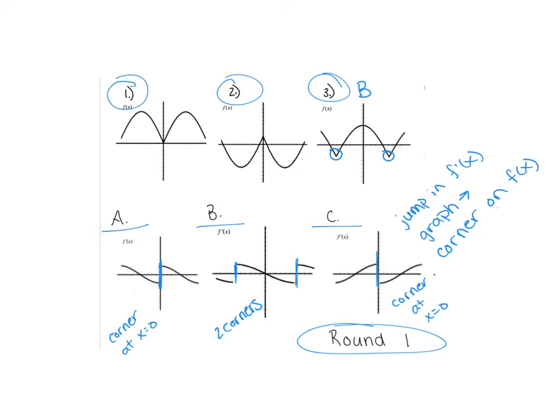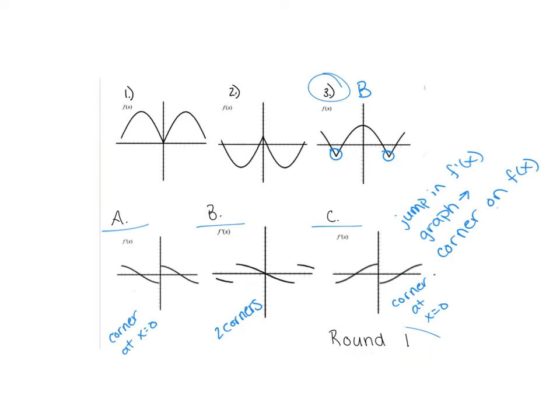But now we need to get a little bit more involved to differentiate between A and C with graphs 1 and 2. So we need to do a little bit more to get A and C for the graphs.